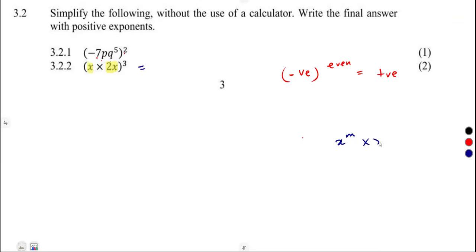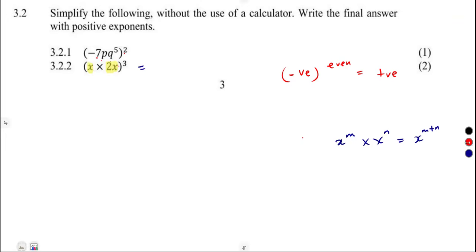Here x is to the exponent of 1, which is the same as when the exponent is not written. All right, so that is the idea.